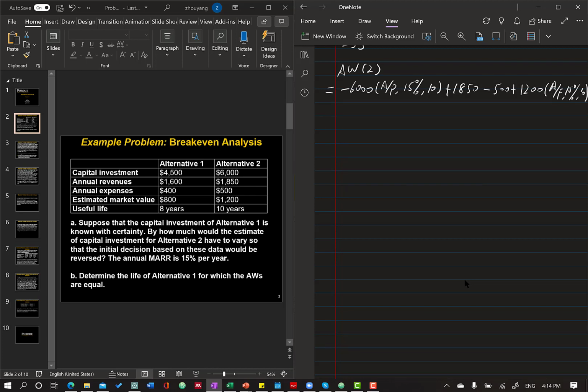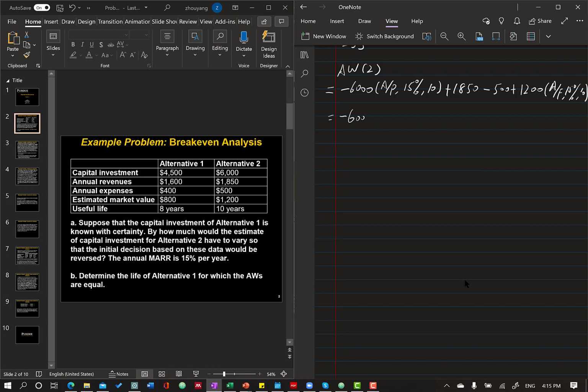Then we will have this equal to, so let me first plug in the factor numbers, and then calculate the final solution for the annual worth of alternative 2, because we're going to use that again to get the unknown capital investment such that alternative 2 will be better than alternative 1.